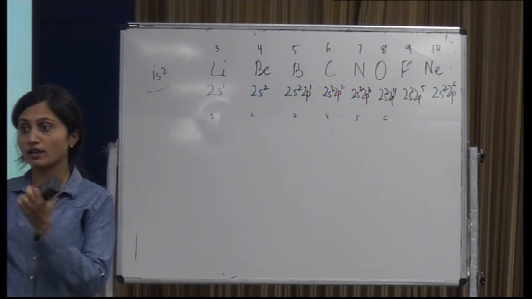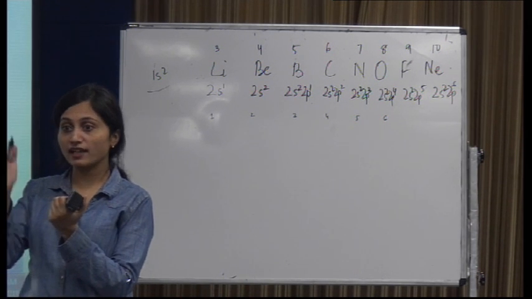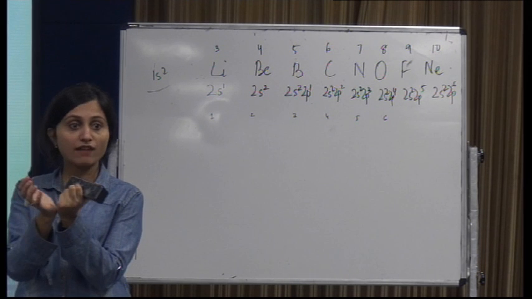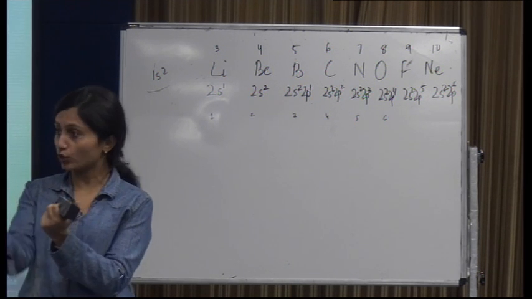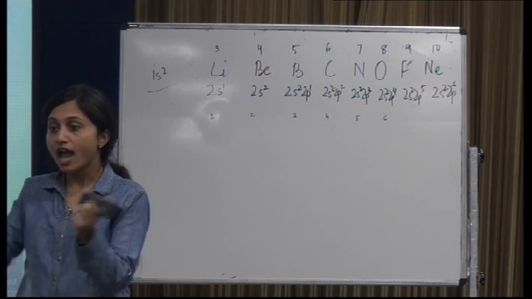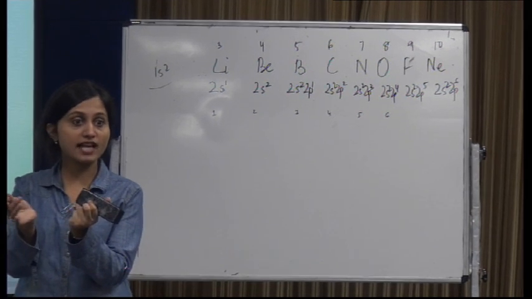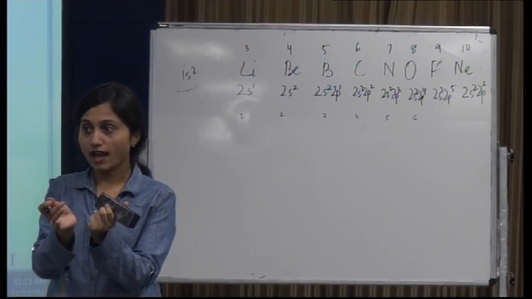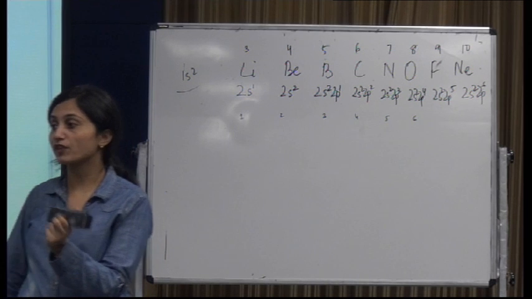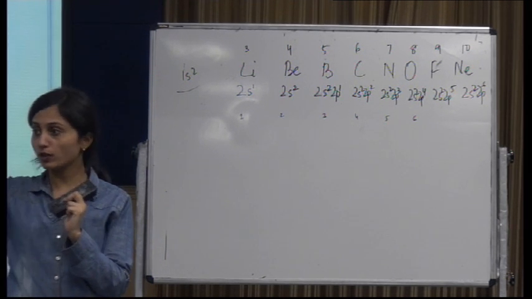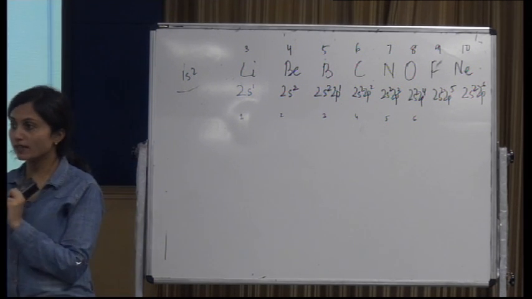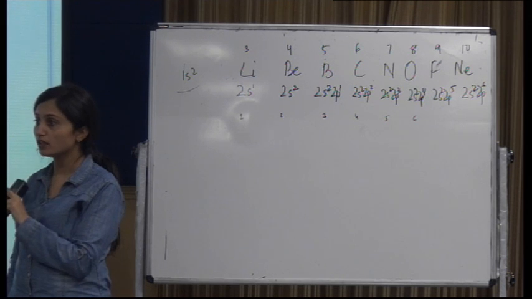Nucleus का charge बढ़ रहा है and the electrons are getting added to the same shell, means it will have a greater tendency and greater power to attract the electron, and because of that the size will contract and it will decrease on going from left to right. For you it will be left to right.